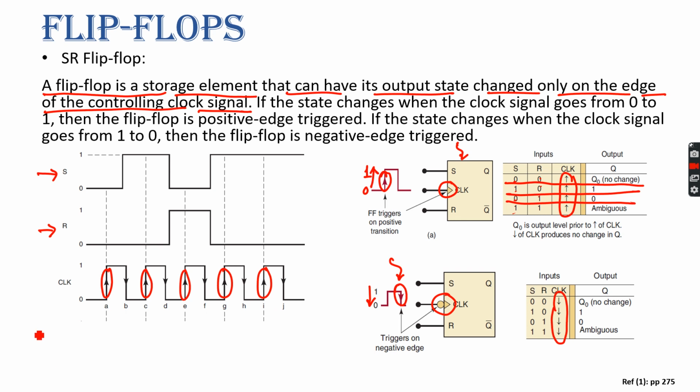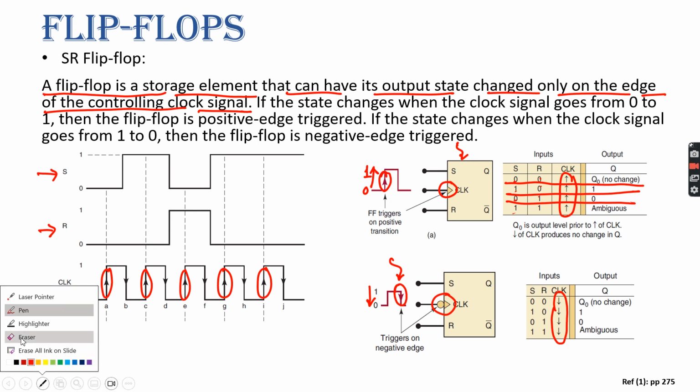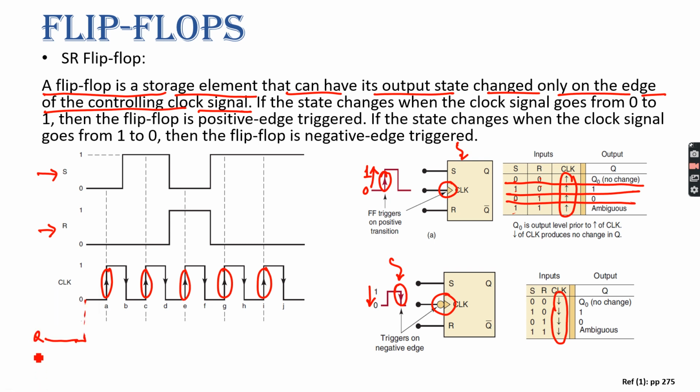Now if we consider Q and Q bar, and if we take Q to be 0 until this point and Q bar to be 1 until this point, it will remain as it is until we get the first positive clock.